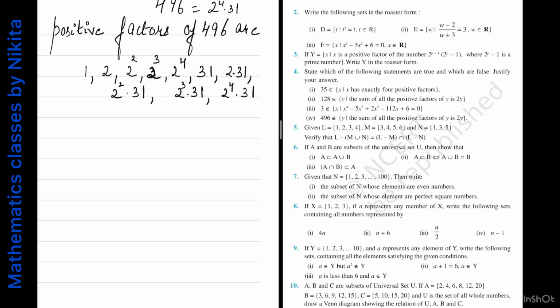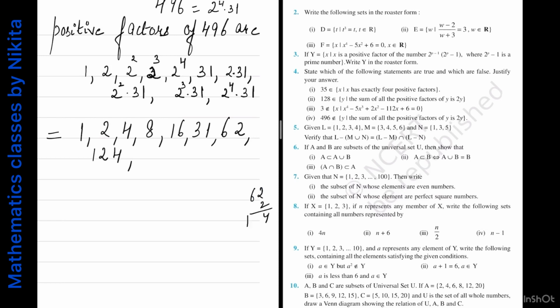So these are all the positive factors of 496, which is equal to 1, 2, 4, 8, 16, then 31, then you have 2 into 31 which is 62, then 62 into 2 which is 124. So 62 into 2, 2 2s are 4, 124. Then this into 2 which is 248 and the number itself which is 496.